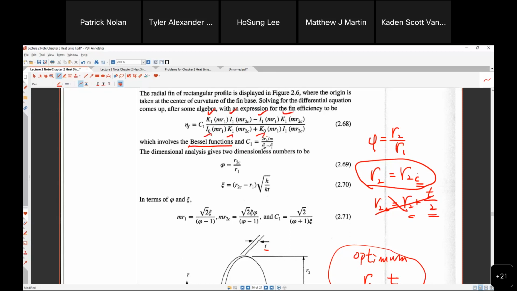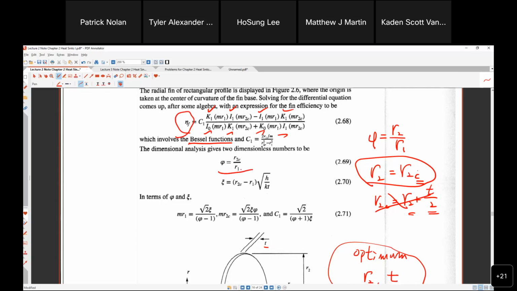I0 and K1, don't worry about that. But anyhow, we have an expression. Mescat can calculate it. We don't have Mescat, so fine, I just used it.